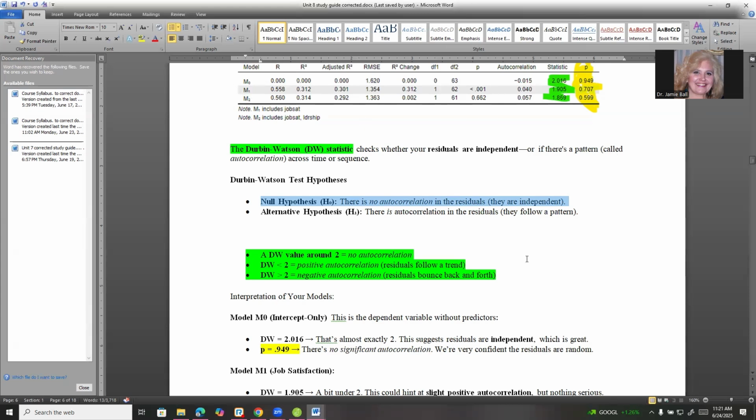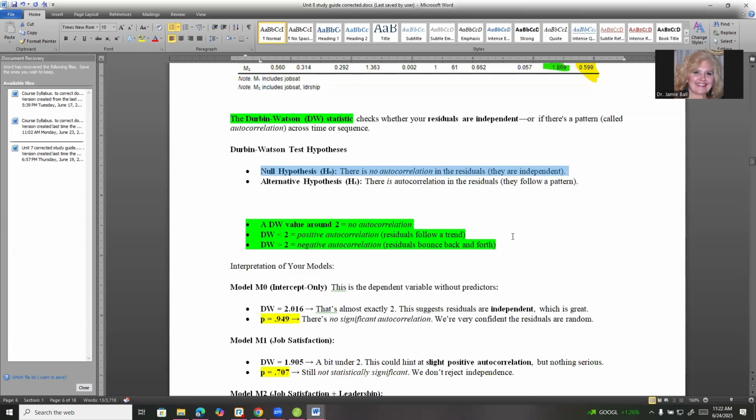For model 2, the DW statistic is 1.869. Both of these are close enough to 2 that I don't need to worry about it. Remember, we need a value around 2. But I have my p-value if I'm not sure. My p equals 0.599. That means that there's no statistical significance. We fail to reject the null. The assumption of no autocorrelation or independence of the residuals is met.